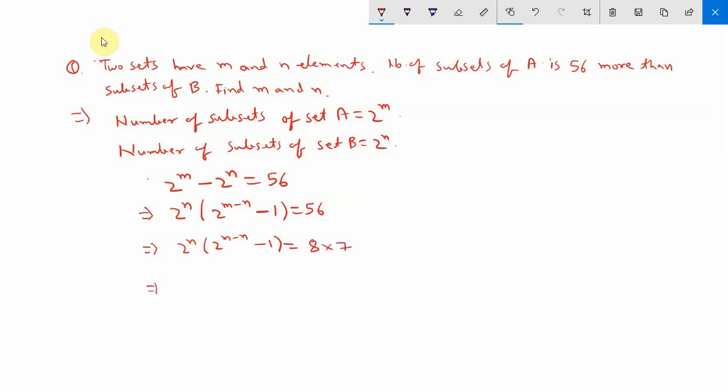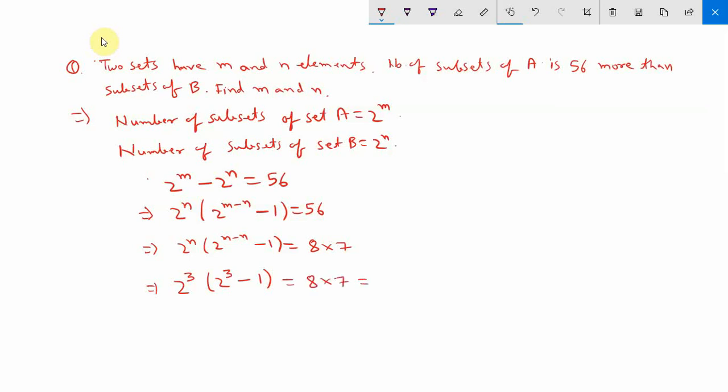See, by hit and trial, we can find that if we consider n as 3 and m minus n as 3, this will be 8 into 7.